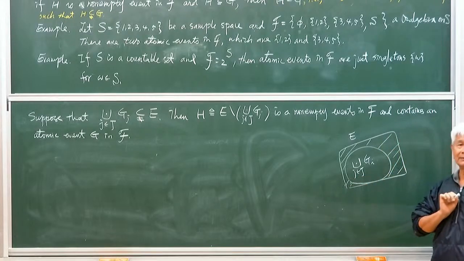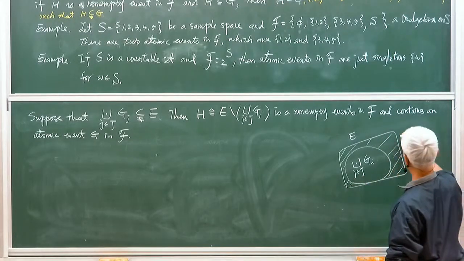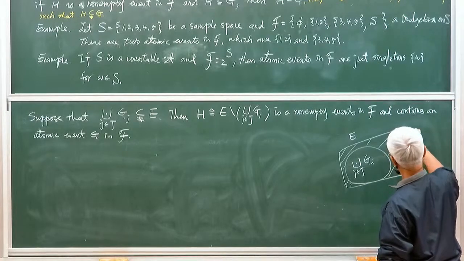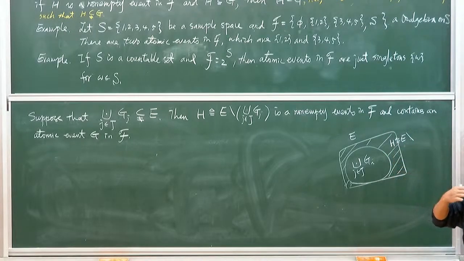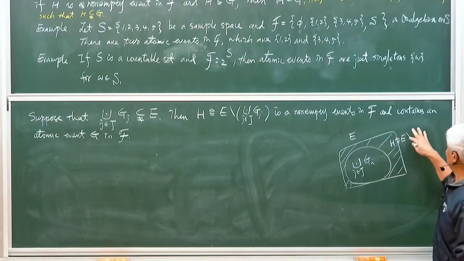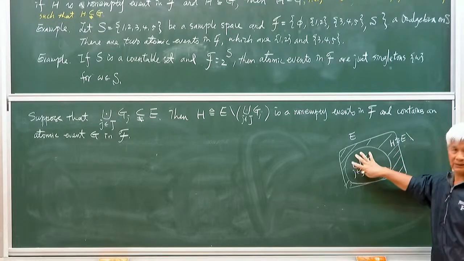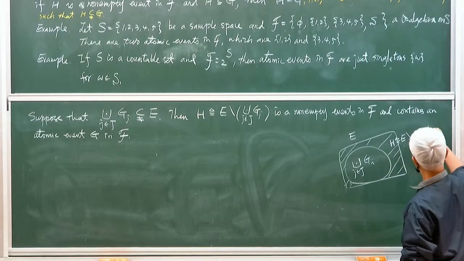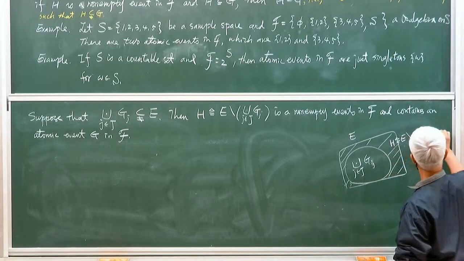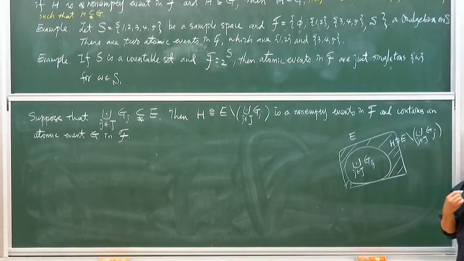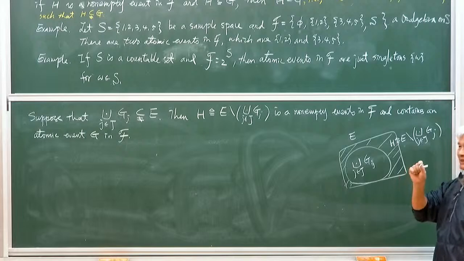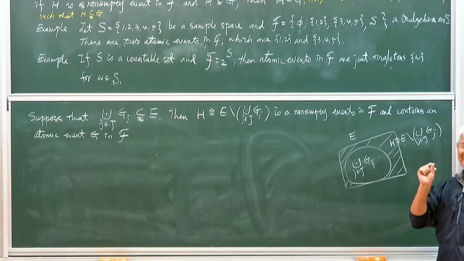Minus means that you delete all the elements in the union. Why is there a triangle? Sometimes we say it's the definition.